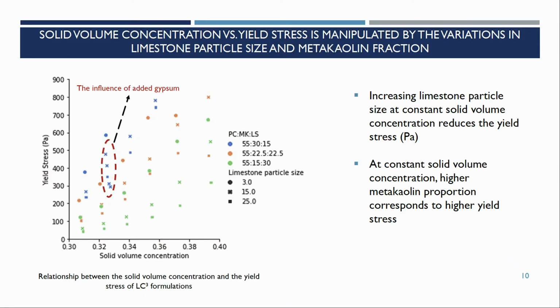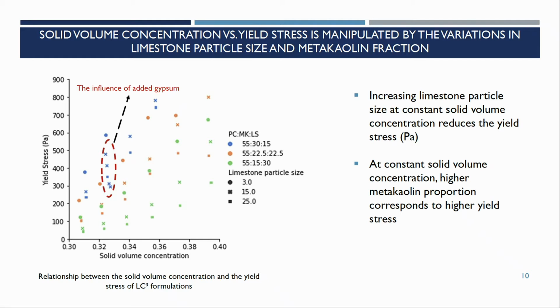And then in order to build these latent variable models, in this case you do a lot of different yield stress measurements, and we're just calculating the solid volume concentration, and looking to see if there are correlations between the yield stress and the solid volume concentration. We note here that these points are all going up.